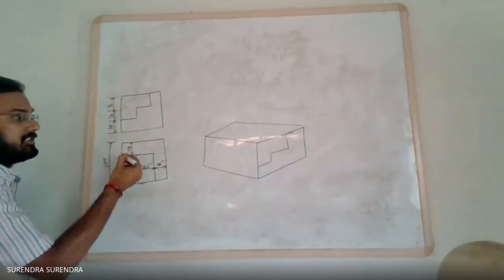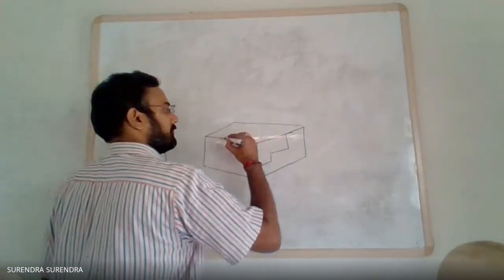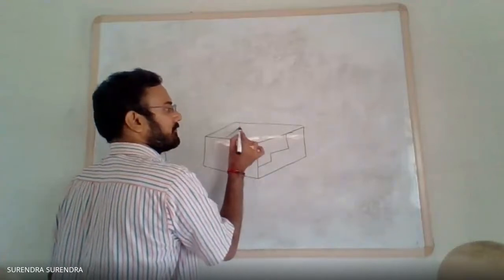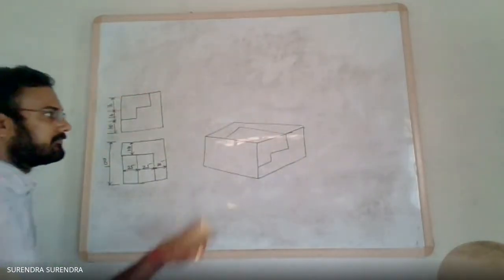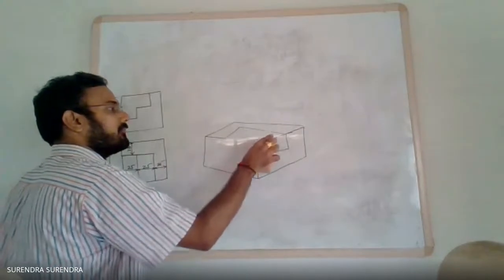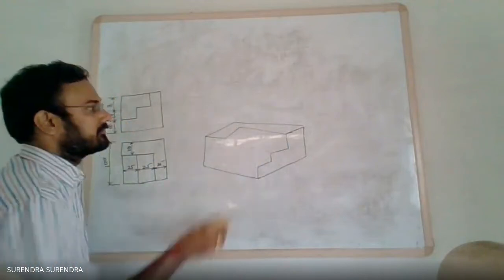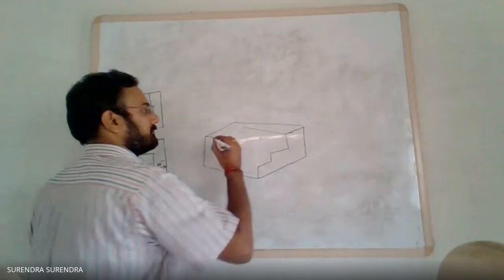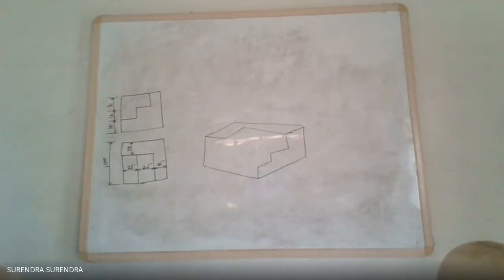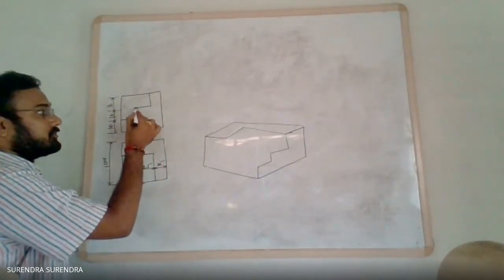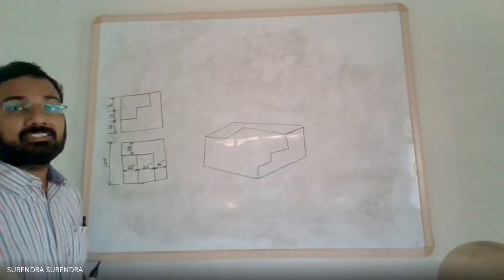From the end corner, 36 mm distance from here. Now these two corners are for a depth of 100 minus 36, 64 mm.